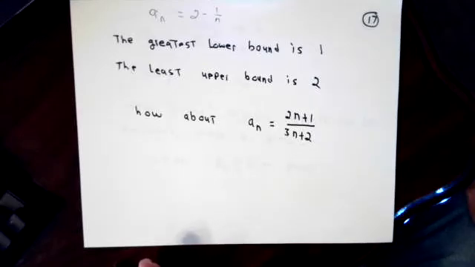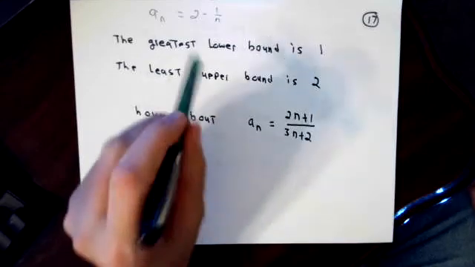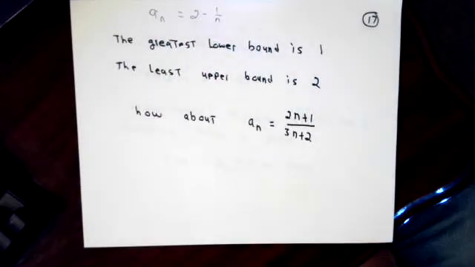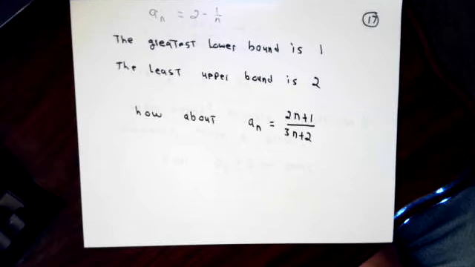But if you move even a little bit to the left of 2, if you make n large enough, there'll be a sub n's, 2 minus 1 over n, which would be to the right of your new upper bound. So the tightest interval that you're going to get, going from the biggest of all possible lower bounds to the smallest of all possible upper bounds, is going from 1 to 2.